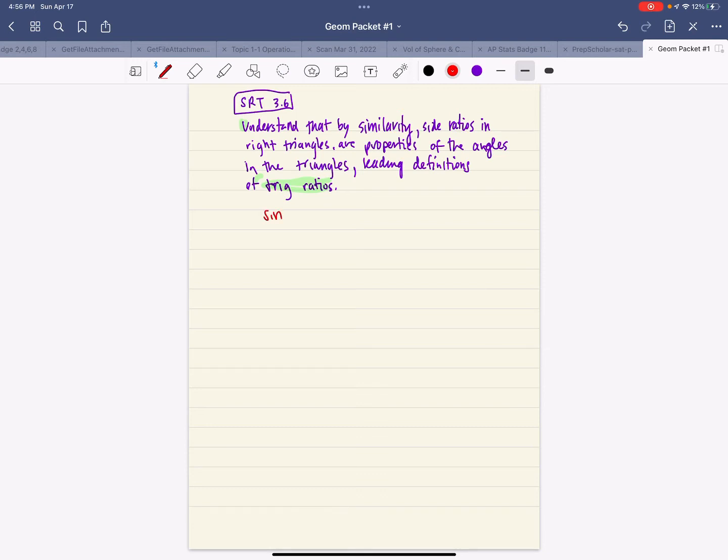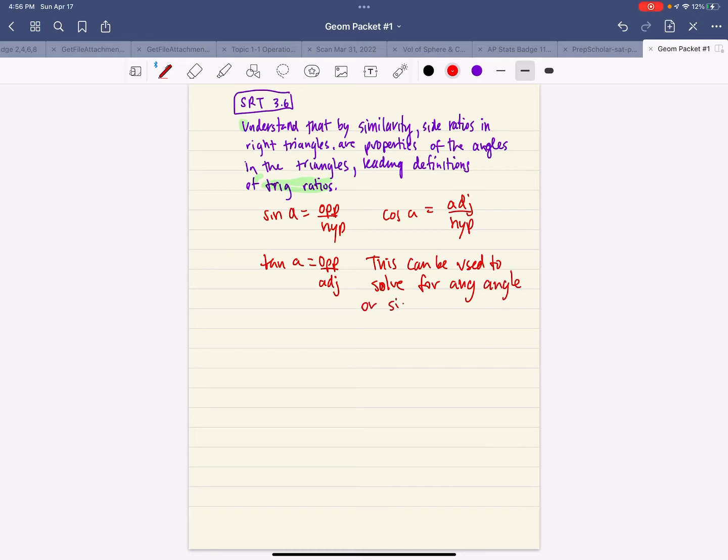So what should we put in our notes? The sine of an angle is opposite over hypotenuse. The cosine of an angle is adjacent over hypotenuse. And the tangent of an angle is opposite over adjacent. This can be used to solve for any angle or side because of similar triangles.